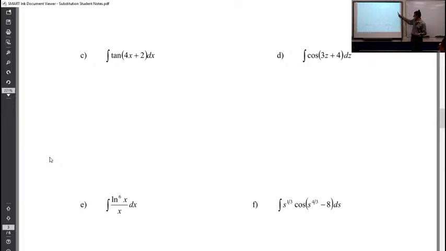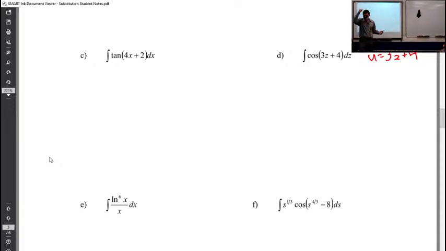So the outermost here is cosine. And the innermost, what's happening inside the cosine, is the 3z plus 4. So that's what we're going to make u, because 3z plus 4 is inside the cosine.